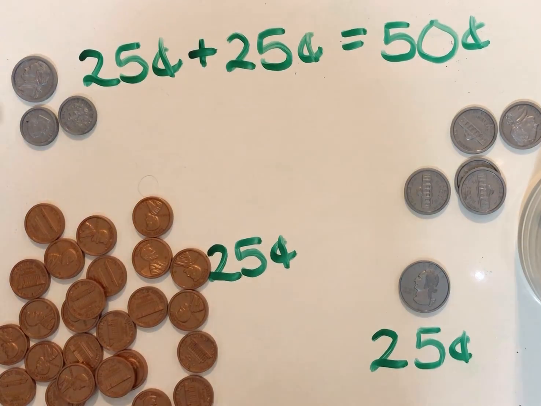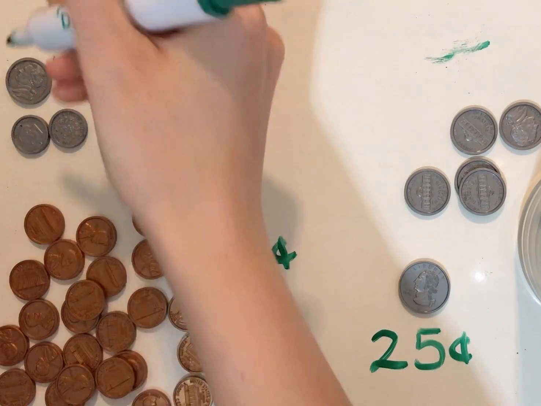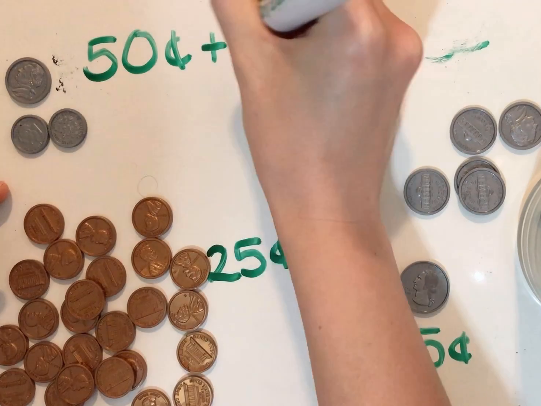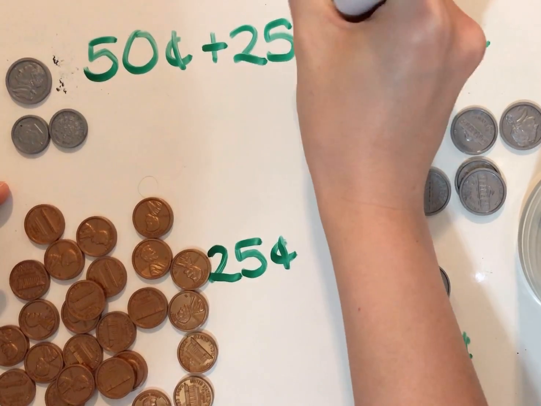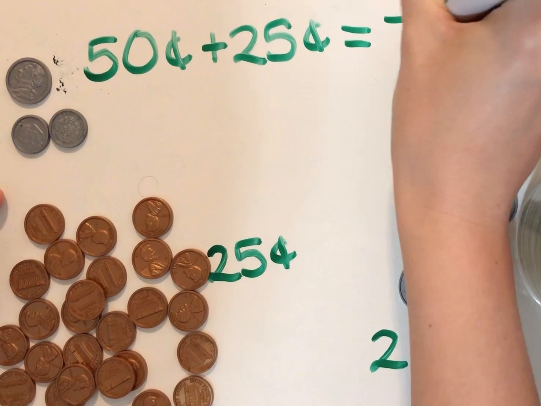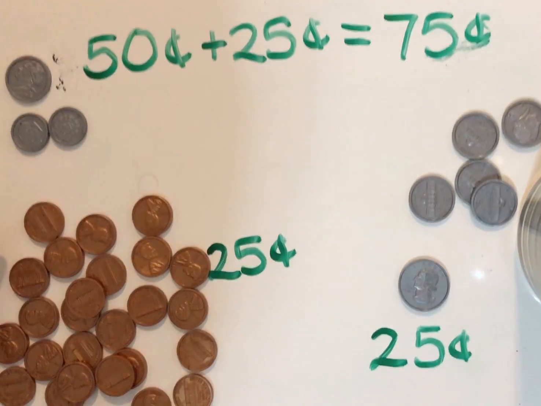And then when you have 50 cents and you add another 25 cents, that equals 75 cents. And then we have one more right here.